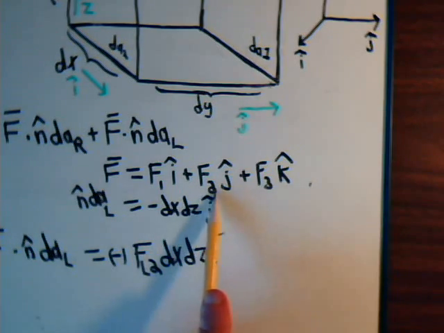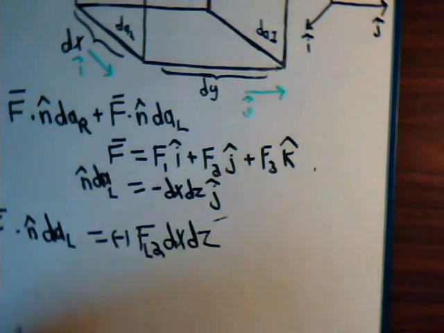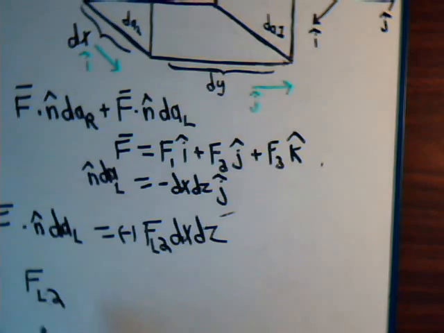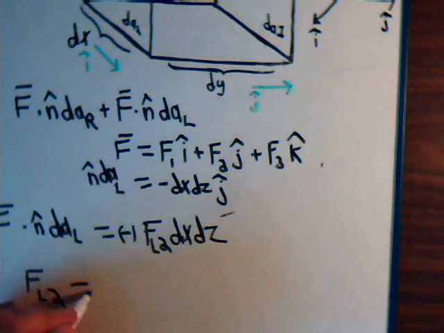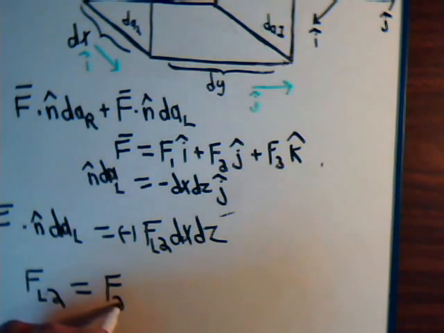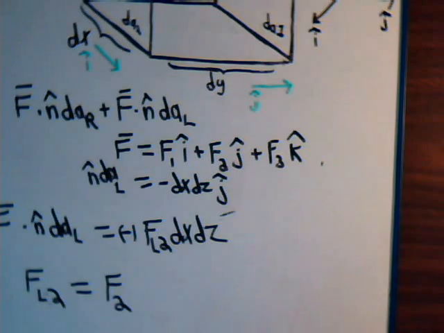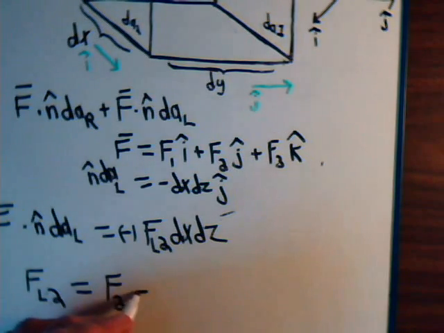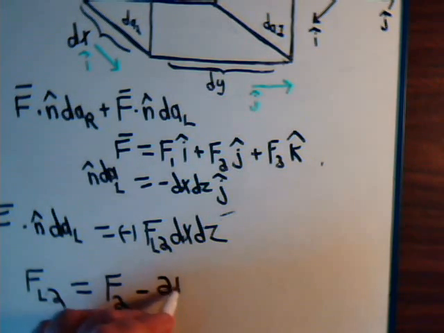So we're interested only in how the F2 component changes. So now the second component of our vector, when it's shifted over to the left-hand face, will equal what it was originally when the vector was sitting in the middle of the cube, with a shift of a distance of minus dy over 2.